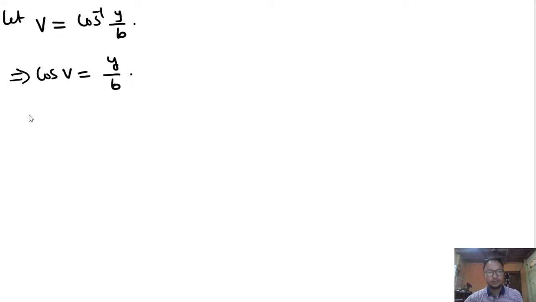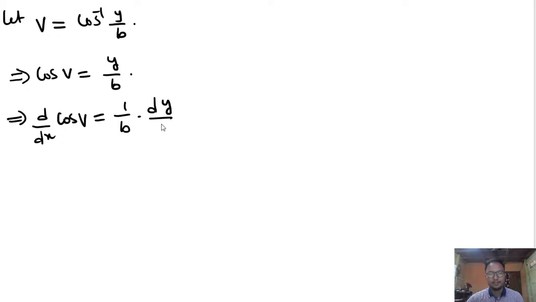Now differentiate this with respect to x. Since b is a constant, we are left with dy by dx. Now cos v differentiates to minus sin v into how much do we have?